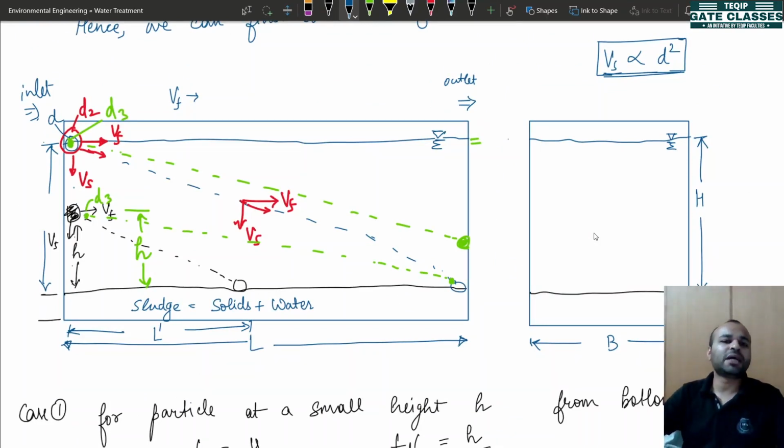So from this we can accept that the particles of size D3 will be completely removed if they are at a height of small h. With this, we can conclude that all particles of sizes smaller than the concerned size particle will be partially removed. They will be completely removed up to small h height, and they won't be removed above this height.